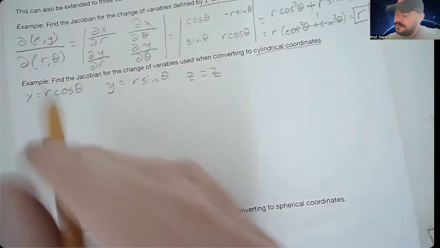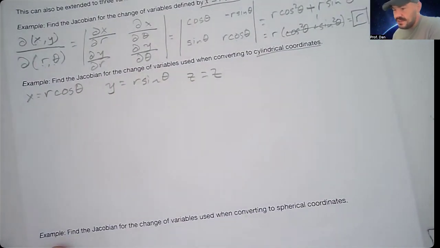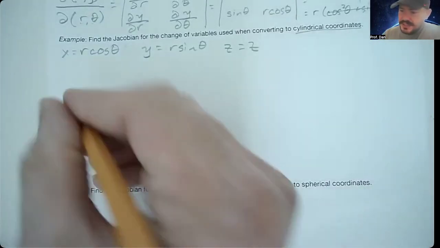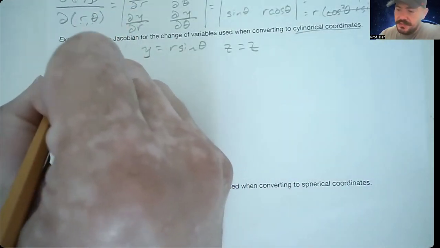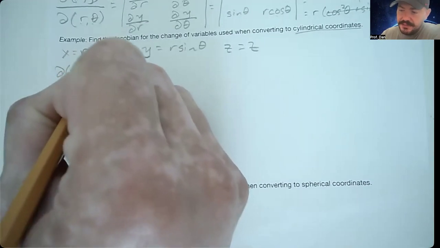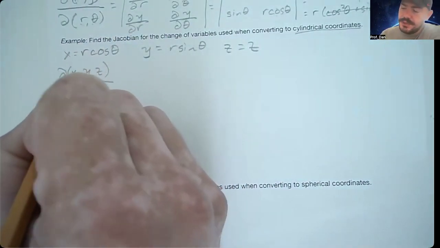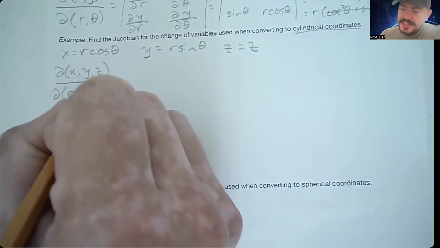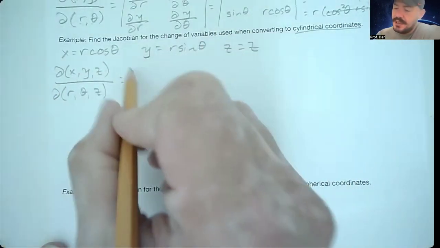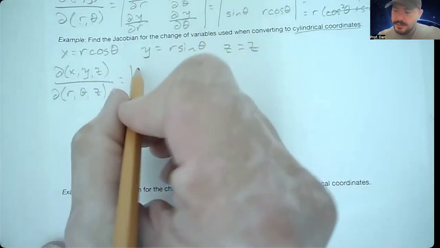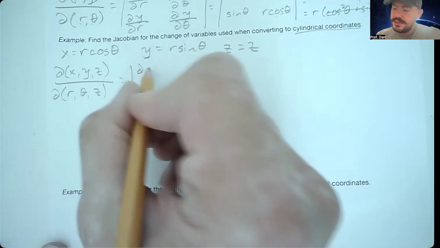All right, so we've got r cosine theta, r sine theta, and z. Now I can set up my Jacobian matrix in the exact same way. So I'm changing from the variables x, y, z to the variables r, theta, z. For this, we would need to take the determinant of a 3 by 3 matrix. Remember, your first row is going to be your partial derivatives of x.